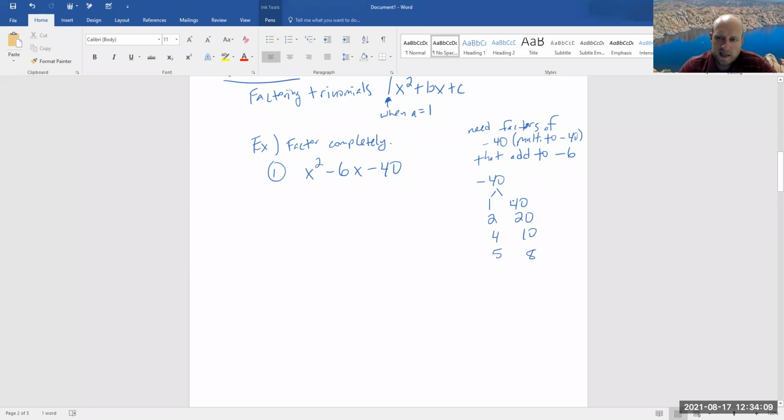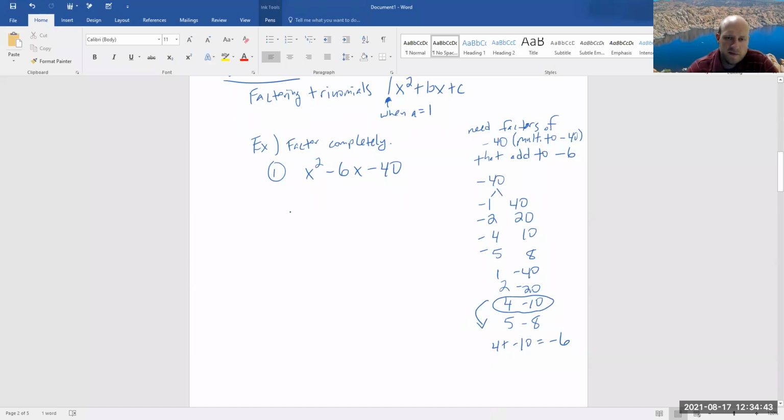So one of these has to be negative and one has to be positive. If you want to, you can write down this list again, and either of these has to be negative. So what works? What makes a negative 6? It would be 4 and negative 10, because 4 plus negative 10 equals negative 6.